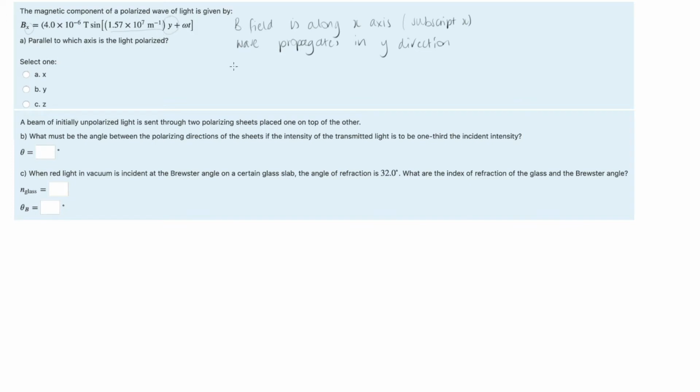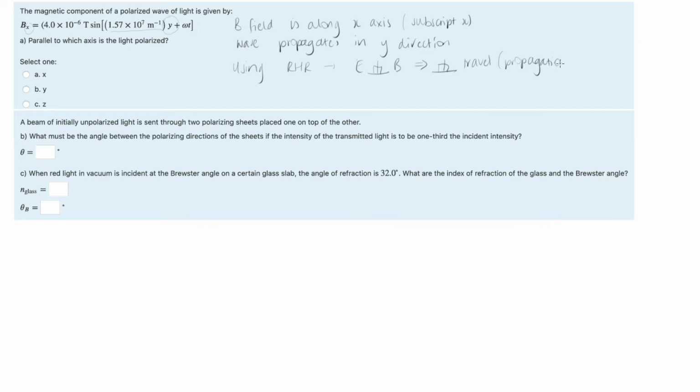Therefore, using our right-hand rule, or we don't even need to use the right-hand rule. We just know that E must be perpendicular to B, and they both must be perpendicular to the direction of travel or propagation.